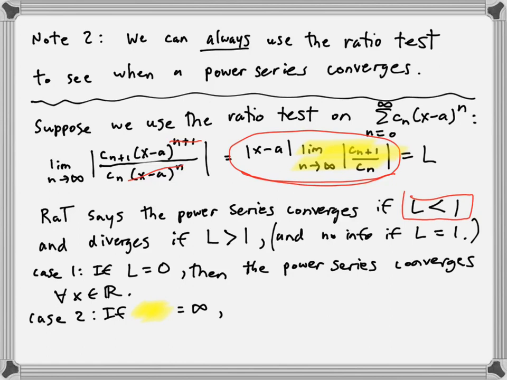If that limit is equal to infinity, then does that mean that the series diverges everywhere? Well, not exactly, because remember, we still know that this guy has to converge at the center. But what we're saying here is that if that limit goes to infinity, then this limit diverges everywhere except for the center.